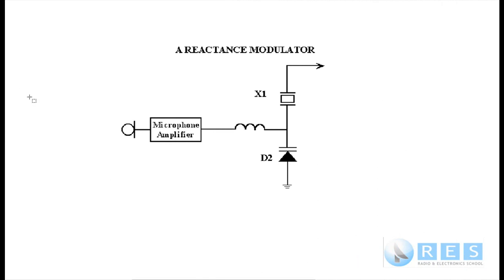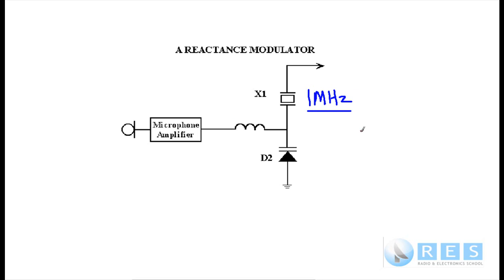How much the frequency varies with the modulating audio, because the frequency of the crystal is going to go up and down, up and down, up and down, back and forth around the carrier frequency. So if the carrier was 1 megahertz, that's without any voice, with no modulation, we're just transmitting a 1 megahertz carrier.